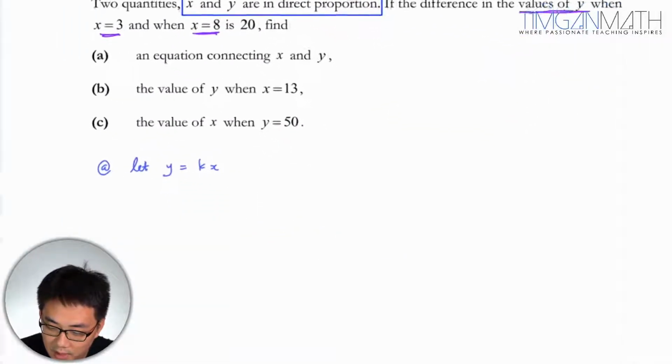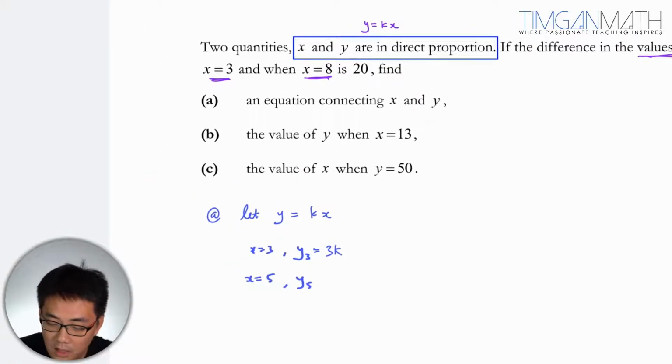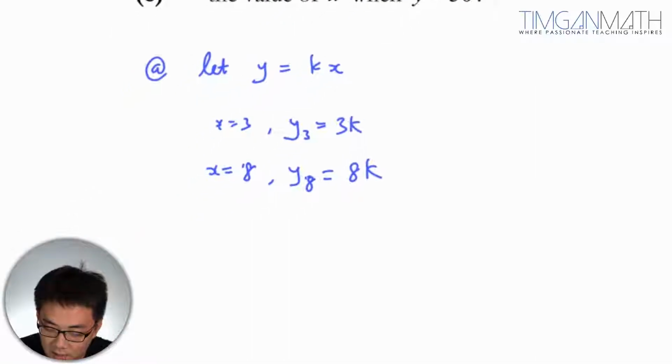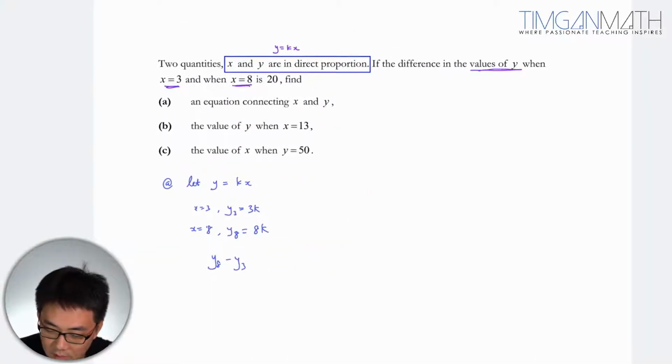When x is 3, I can write this as y3 equals 3k, and when x is 8, I can write this as y8 equals 8k.